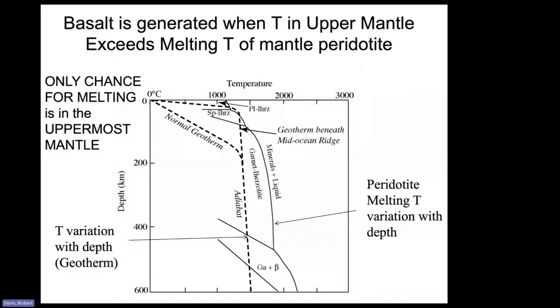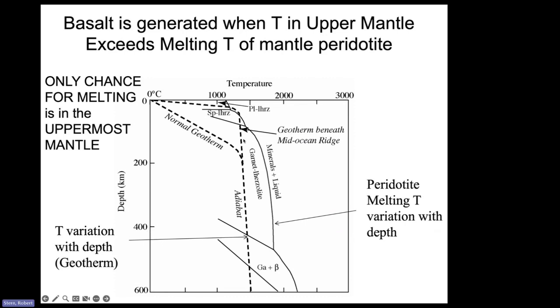All right, now basalt is generated when the temperature in the upper mantle exceeds the melting temperature of mantle peridotite. This is a confusing diagram, but still worth discussing. This is temperature, 0 degrees centigrade to 3,000 degrees centigrade, which you reach very deep in the earth. This is depth: surface, 200 kilometers, 400 kilometers, 600 kilometers.